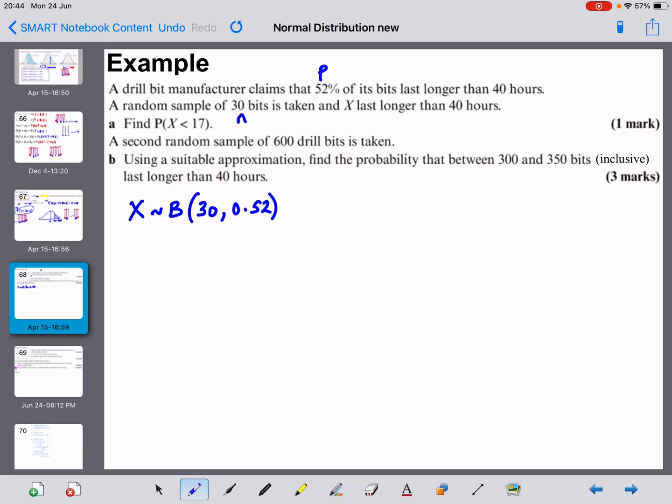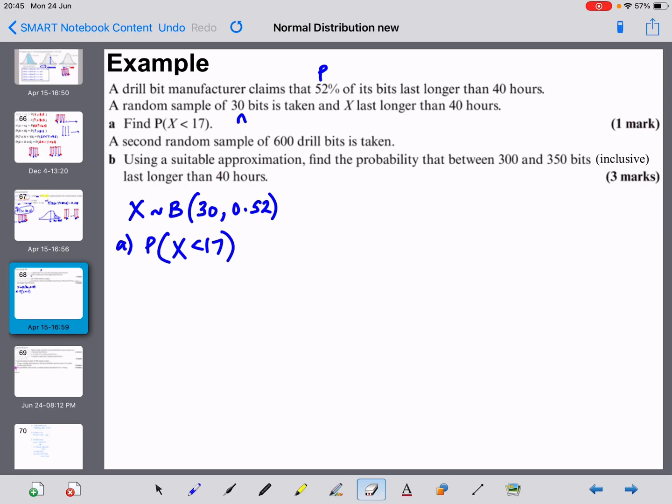Find the probability that X is less than 17. Okay, it doesn't say anything about approximating. So we're just going to do this with binomial CD, because N is not large, so we couldn't get a decent approximation, and it doesn't tell us to do an approximation with this question.